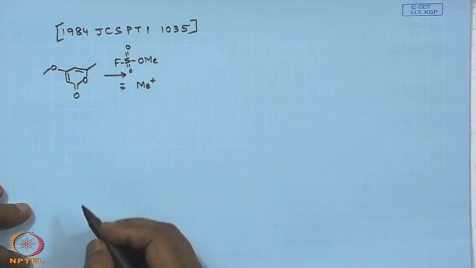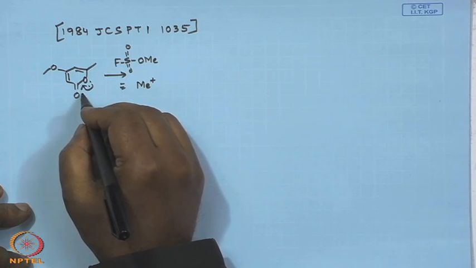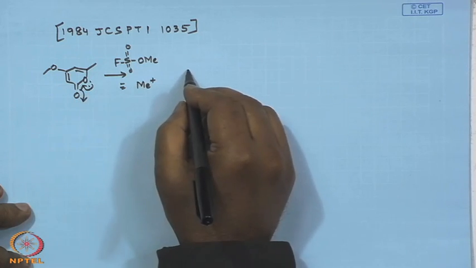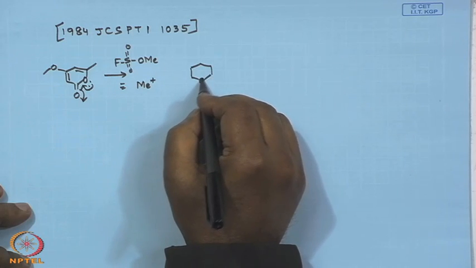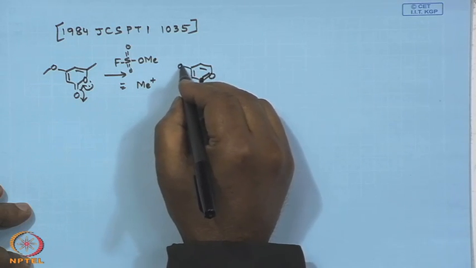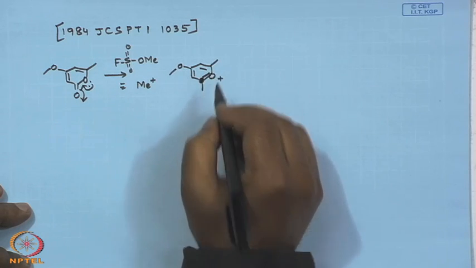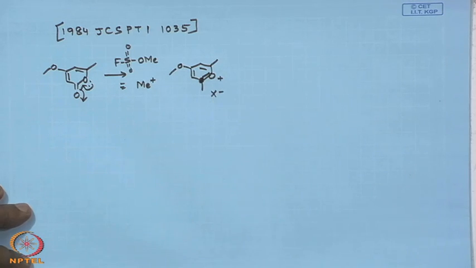So, what do you expect here? Because of this aromaticity gain due to the participation of the oxygen lone pair, you will get the pyrrolium salts, oxygen here, then this methyl here, oxygen plus and the corresponding anion here. So, once again you get the pyrrolium salt.